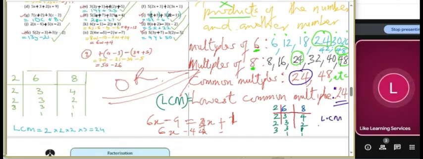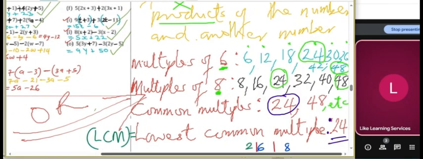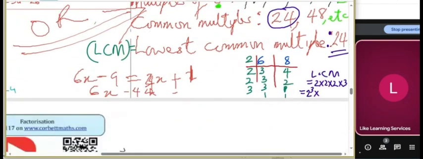LCM will be equal to 2 times 2 times 2 times 3, or you can even say 2 raised to the power 3 times 3, or 8 times 3, which is 24. Is it not the same thing we got? Yes. The same thing we got.